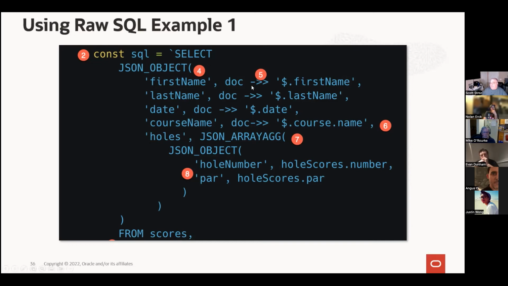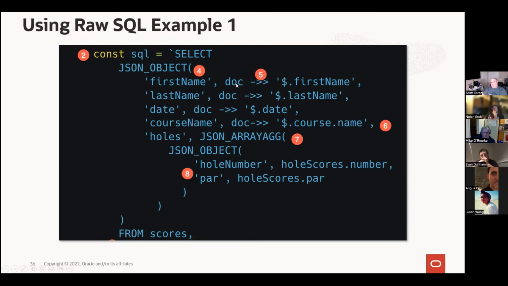Now, in this particular case, you see this little hyphen greater than. I don't think there's actually an official name for that particular traversal operator. But what we're doing here is we're saying the property firstName is going to equal the firstName property in the document.